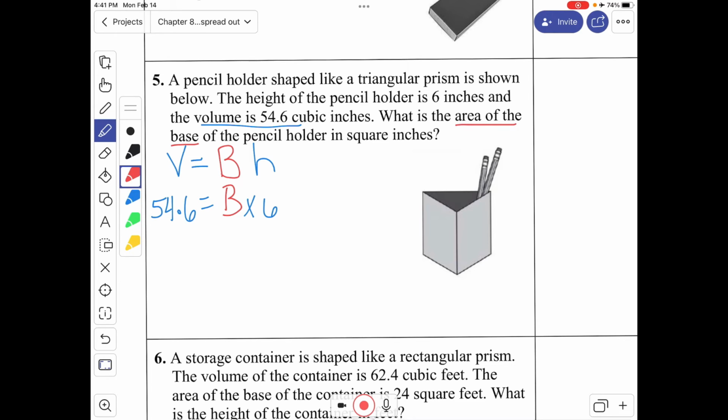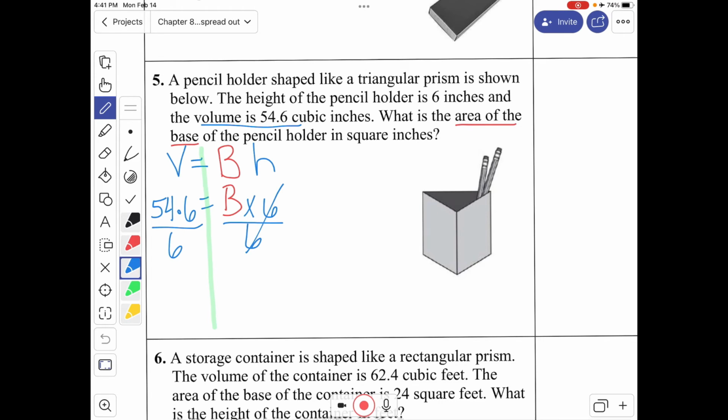This isn't too difficult because we know how to solve an equation. If they're multiplying, we do the opposite, which is to divide by 6 on both sides. The 6 is canceled. The capital letter B comes down.